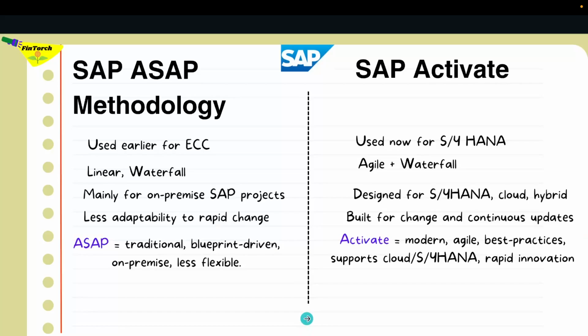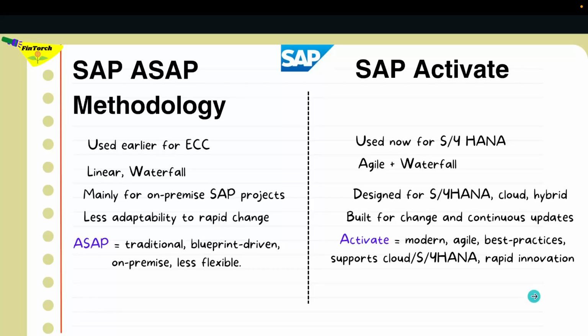In short, ASAP is traditional, blueprint driven, on premise, and less flexible, whereas Activate is modern, agile, follows best practices, and supports cloud, SAP S/4HANA, and rapid innovation.